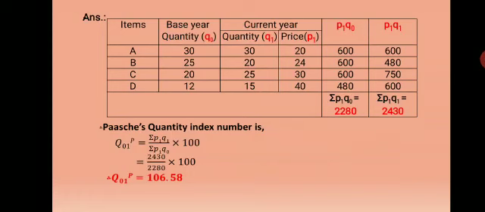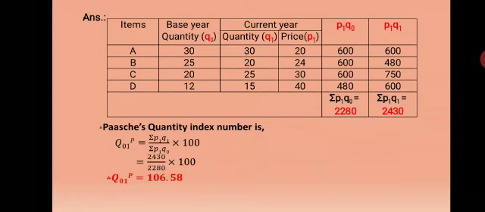Then we have the Paasche's quantity index number formula: Q01 of Paasche's is equal to summation P1 Q1 divided by summation P1 Q0 into 100.